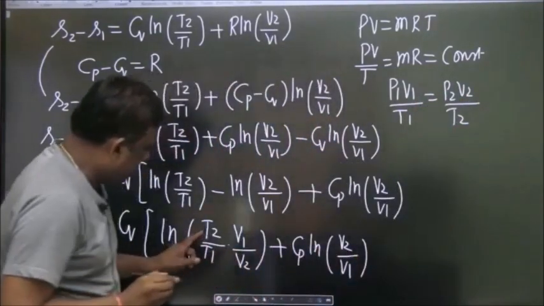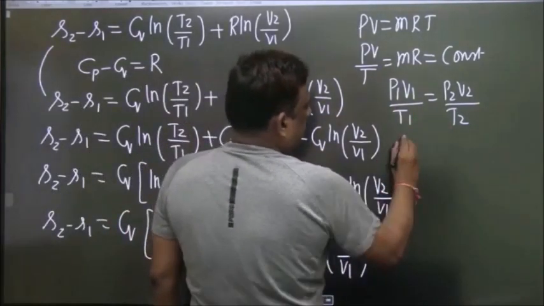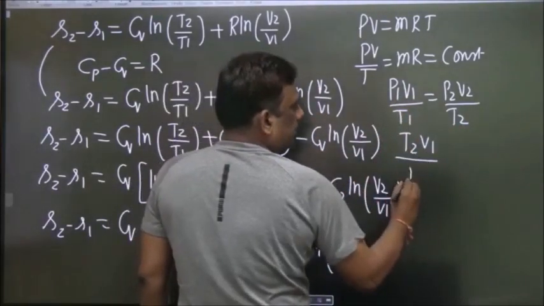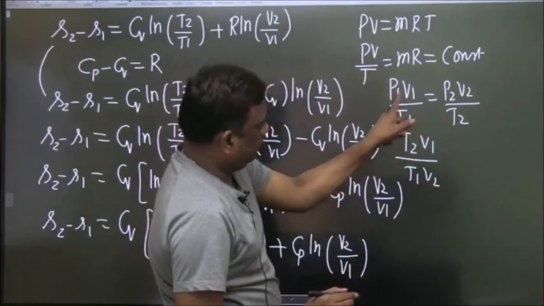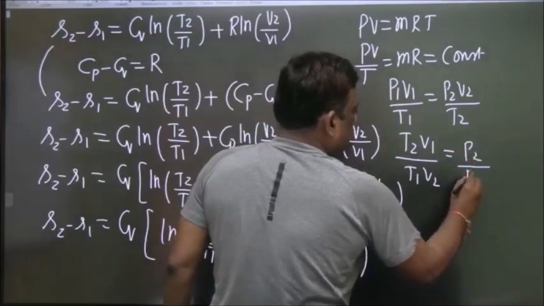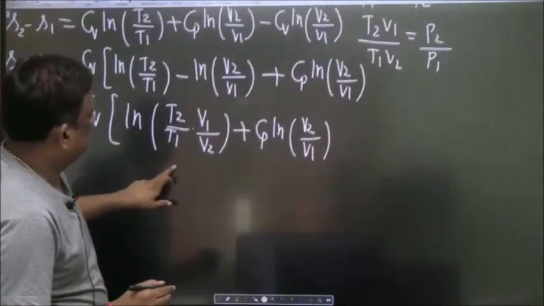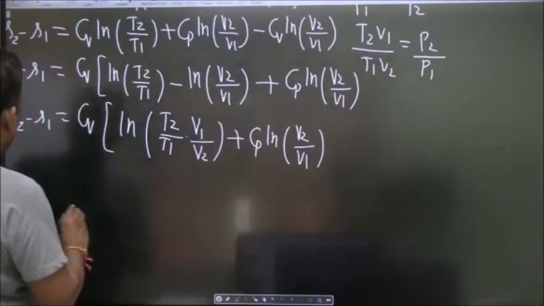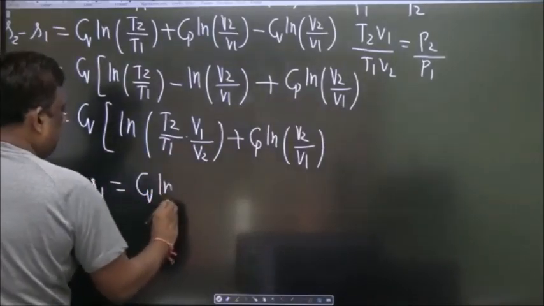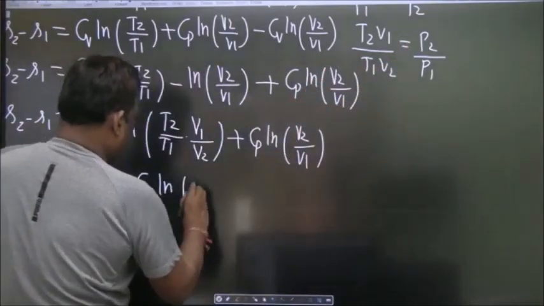So T2 V1 by T1 V2 is equal to P2 by P1. Therefore, s2 minus s1 is equal to Cv ln of T2 V1 by T1 V2, which is P2 by P1.